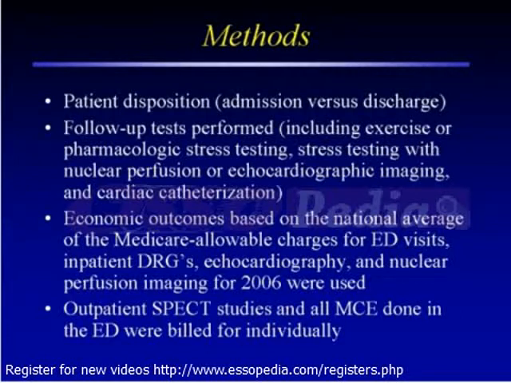Economic outcomes analysis was based on the national average of Medicare allowable charges for emergency department visits, inpatient DRGs, echocardiography, and nuclear perfusion imaging for 2006. Outpatient SPECT studies and all myocardial contrast echocardiograms done in the emergency department were billed for individually.